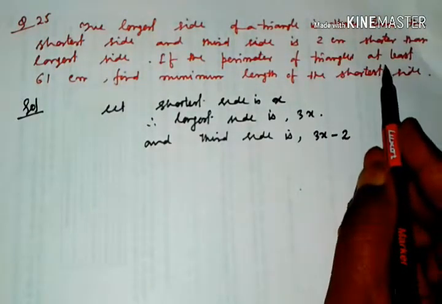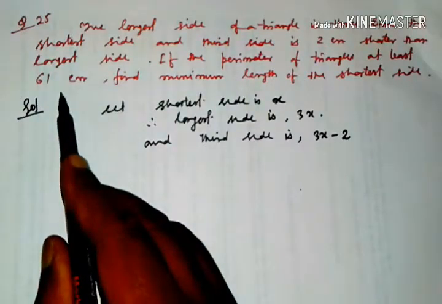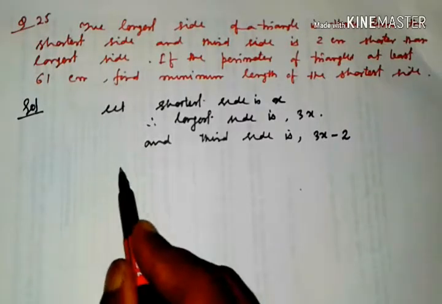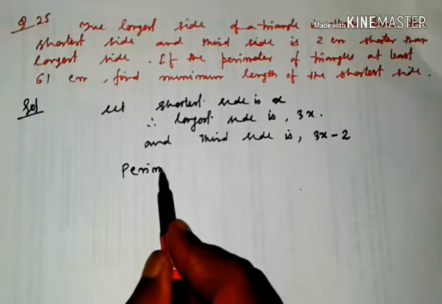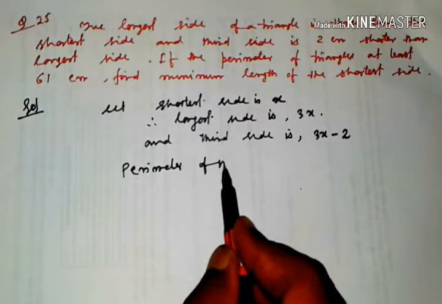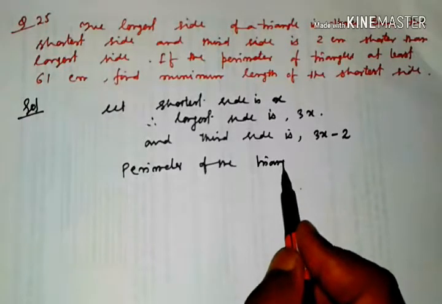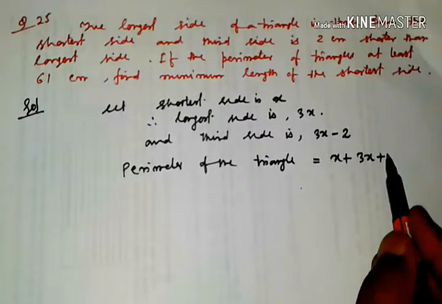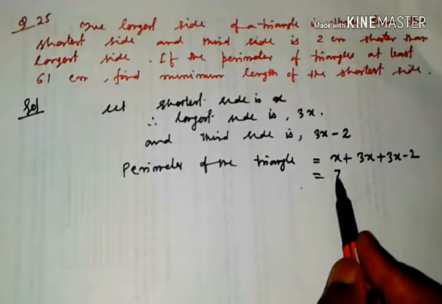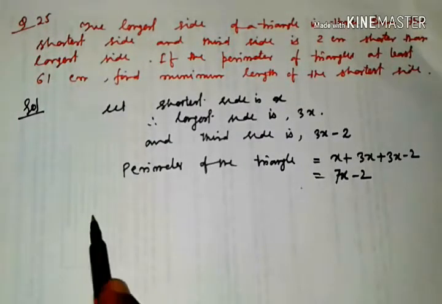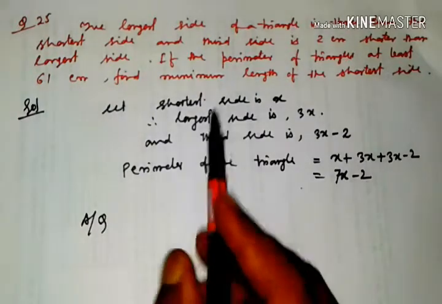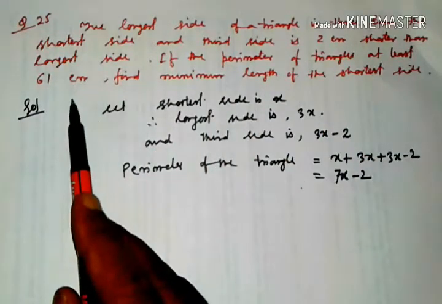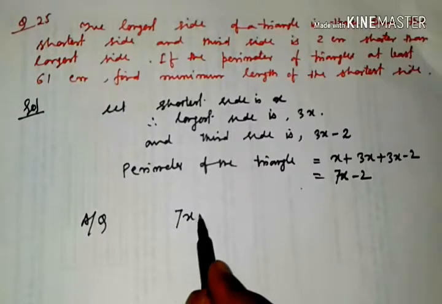Given that the perimeter of the triangle is at least 61 centimeters, perimeter means the sum of the sides. The perimeter of the triangle is x plus 3x plus 3x minus 2, that is 7x minus 2.